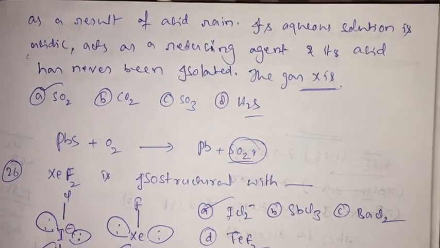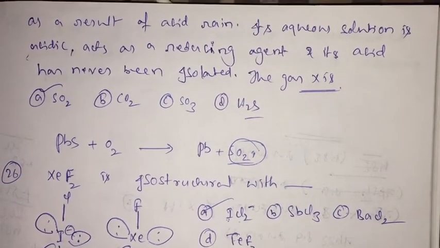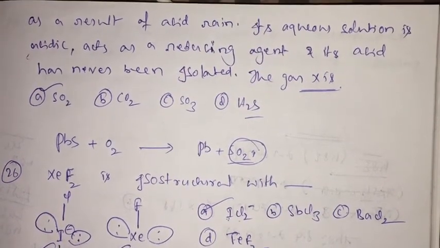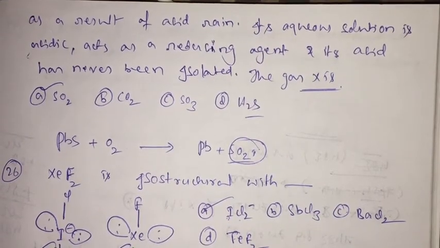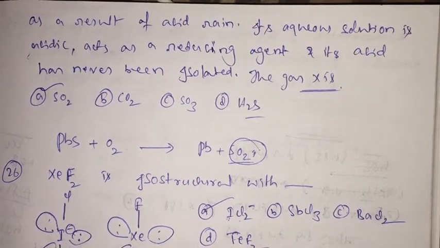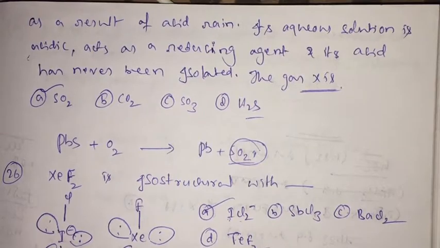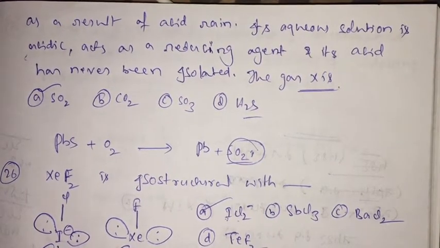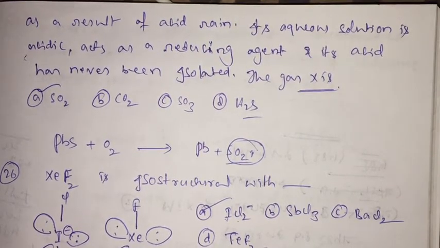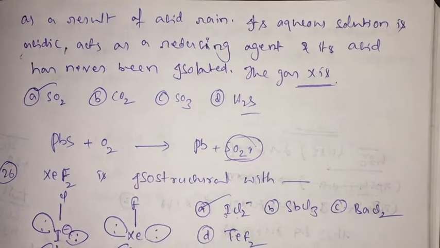Its aqueous solution is acidic and it acts as a reducing agent. CO2 and SO3 can't act as reducing agents. H2S and SO2 act as reducing agents, but H2S aqueous solution is not that acidic, and its acid has never been isolated. So sulfur dioxide is the answer.